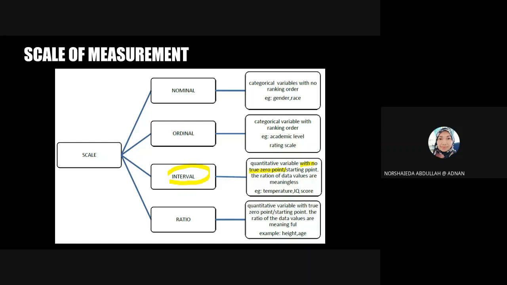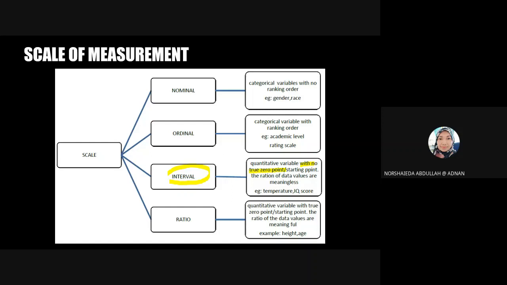So untuk interval, data tu kuantitatif, tapi data tu dia tak ada true zero. Okay, maksudnya zero untuk data tu bukan maksudnya tak ada. Okay, contoh lah, contoh temperature. So kalau temperature zero, bukannya maksud dia tak ada temperature, tapi maksud dia apa?